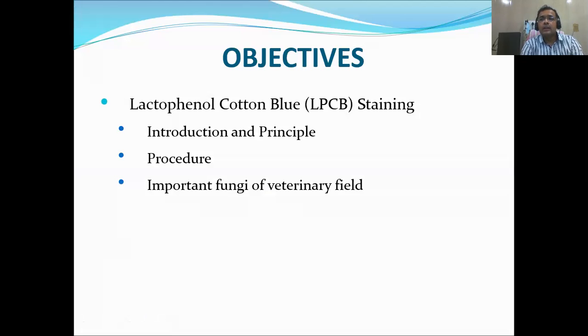You should know that this stain is specific for fungi, and there is one media known as dextrose agar that is also specific for fungi cultivation. These two things you have to remember when talking about fungi: which media is generally used to cultivate fungi and which stain is used to stain fungi.